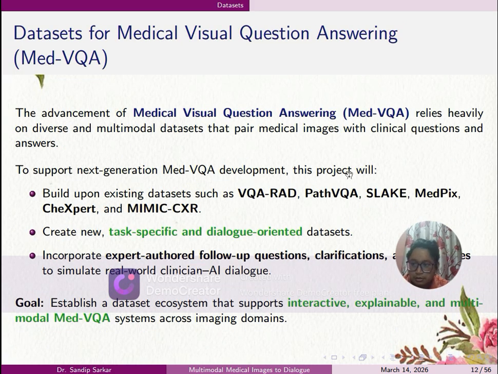And there are many datasets as I discussed.